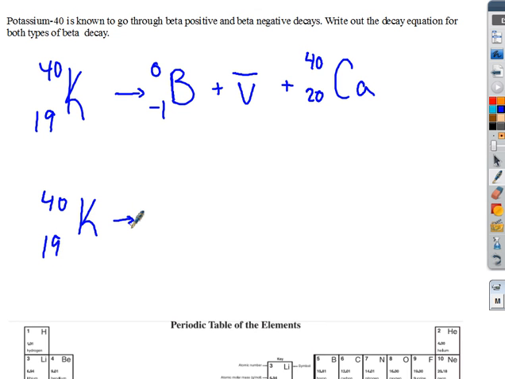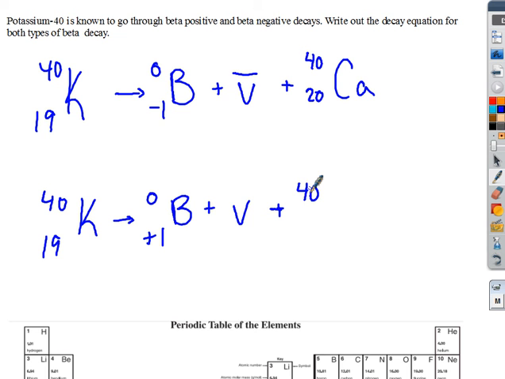Now, if potassium were to undergo a beta positive decay, so I produce a positive beta particle, a positron. Again, conservation of momentum, conservation of energy requires me to include a neutrino. Then using conservation of nucleons, my mass number is still 40.